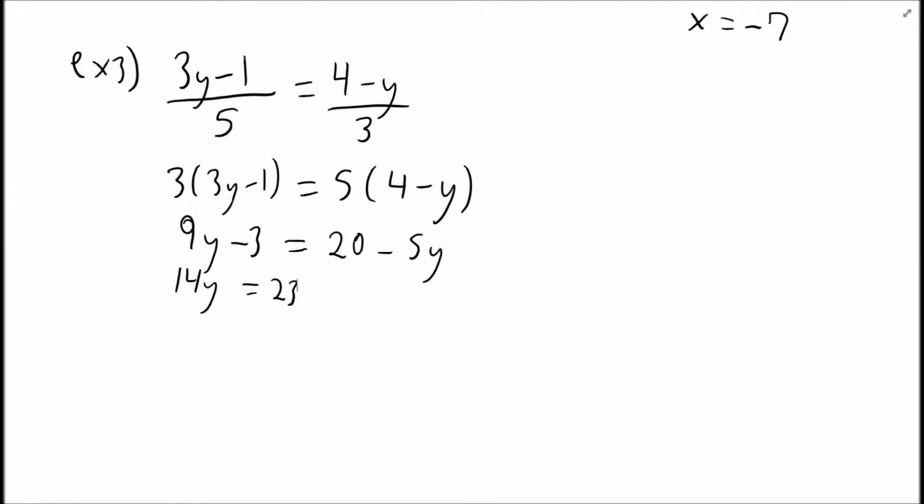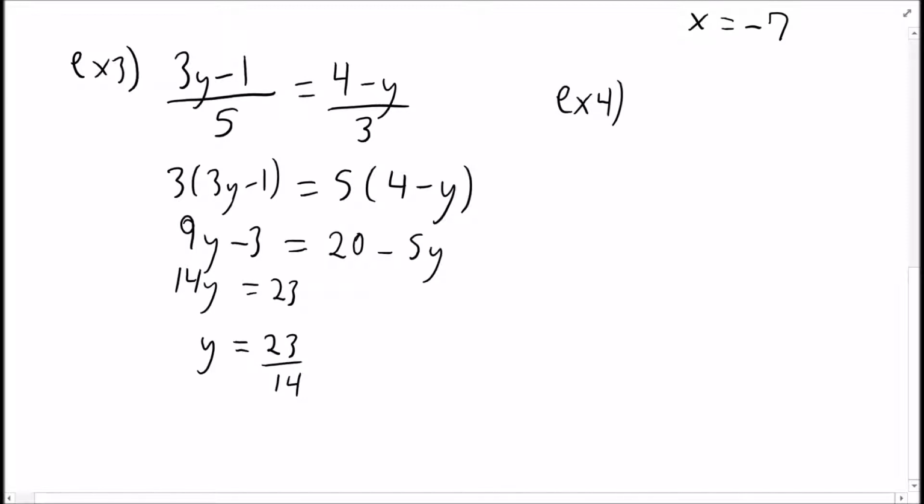And then for a final step, I will divide by 14. y is equal to 23 over 14. Now I can't simplify that one any further, and if I was to write a decimal, it's not going to be nice. I'm going to have to round it, so I'm going to leave it as an improper fraction of 23 over 14 because that is more accurate that way.